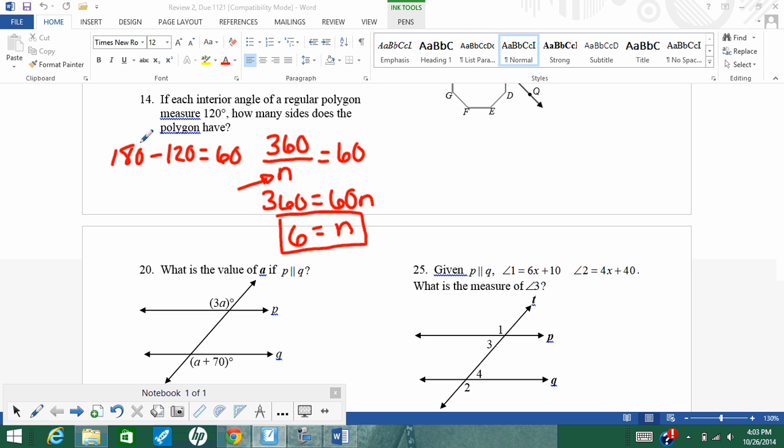So again, I just knew that an interior and exterior angle are supplementary, adding up to 180. I found out how much an exterior angle was. That's 60. Put it into the formula here, where we do 360 divided by the number of sides equals one exterior angle. In this case, we know the exterior angle is 60. Do some algebra and find that n is 6.